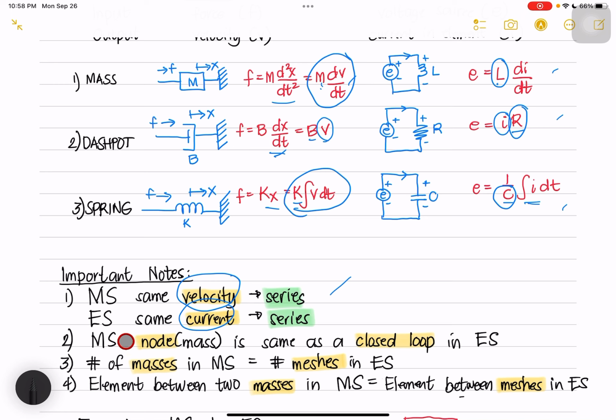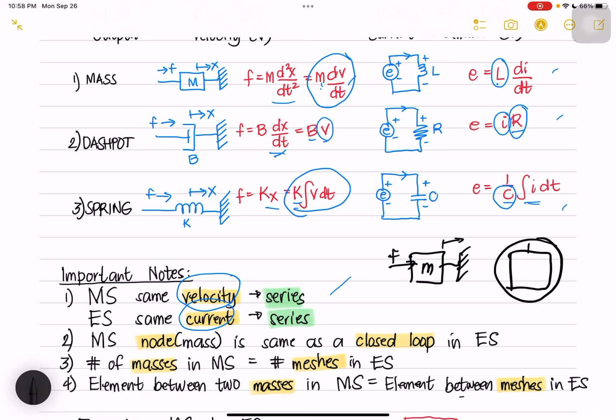For mechanical system, the node or mass, diba kino-consider natin ng bawat isang mass ay node, is the same as a closed loop in electrical system.